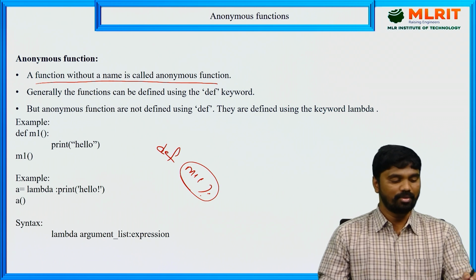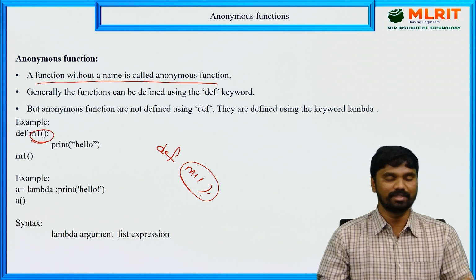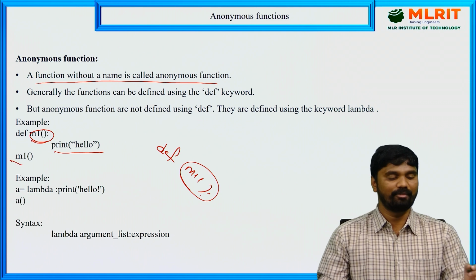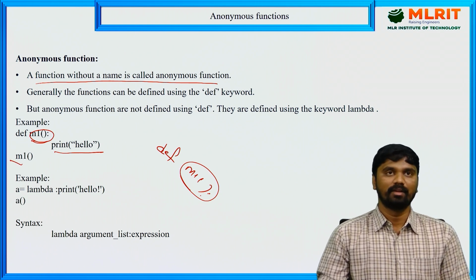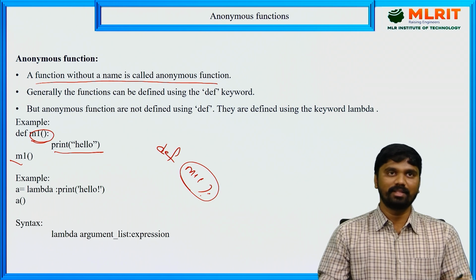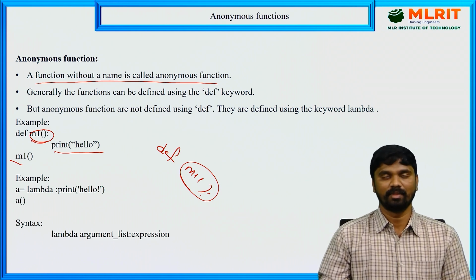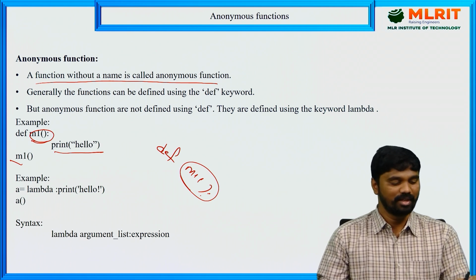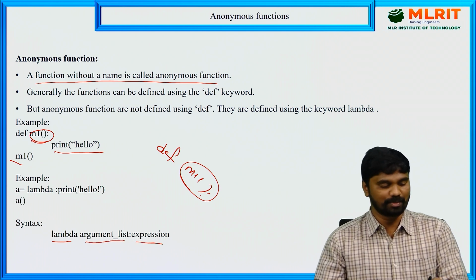Here we create a function that has a name, m1, and it prints hello whenever we call it. But now we have to print the same statement using a function without a name. This is the syntax: lambda, argument list, expression.